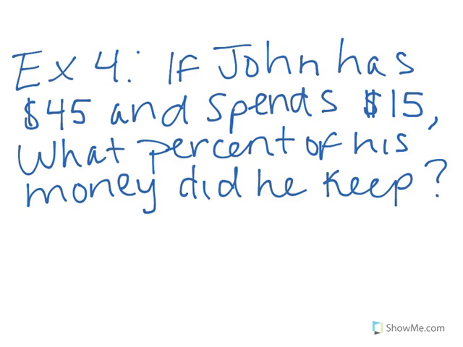Now my last example says, if John has $45 and spends $15, what percent of his money did he keep? All right, so the first thing I have to do is figure out how much money he kept. He had 45 and he spent 15, so if I did 45 minus 15, that means he has $30.